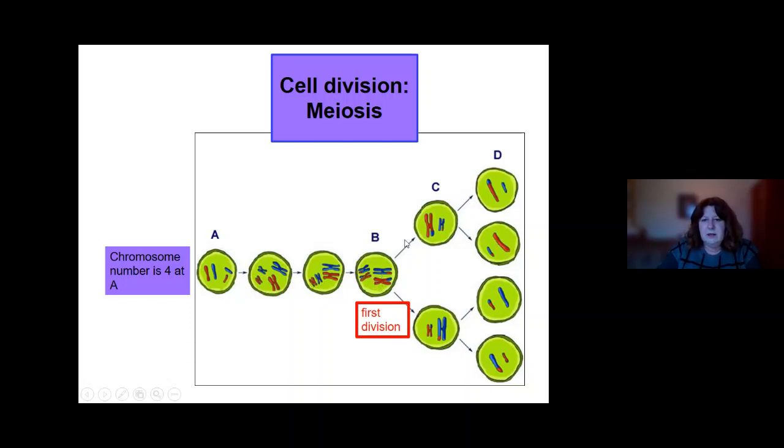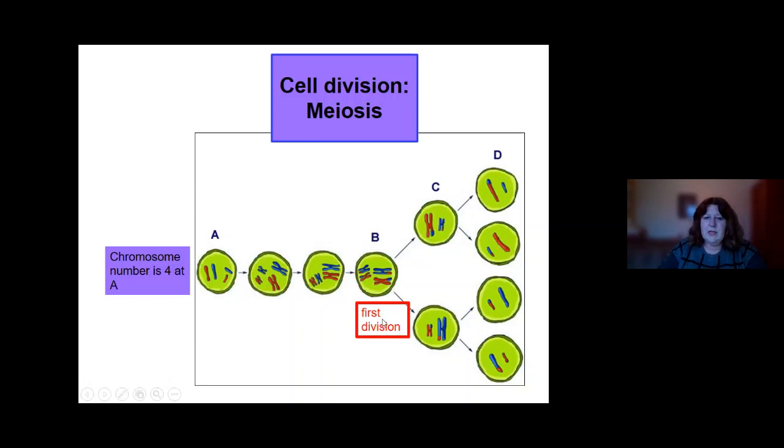Now between B and C, we've got the first division. But you can see we've got a chromosome number still of 4 here. They've got double the DNA in them, but the number is still 4. And then what happens is the chromosomes split apart. The pairs of chromosomes here, this large blue one and this large red one, go into separate cells.